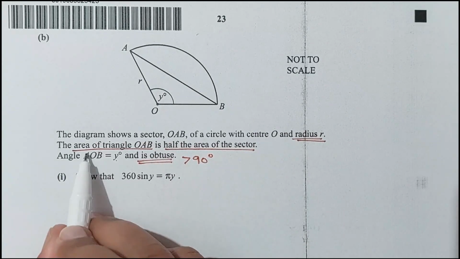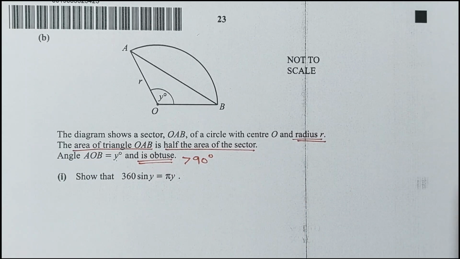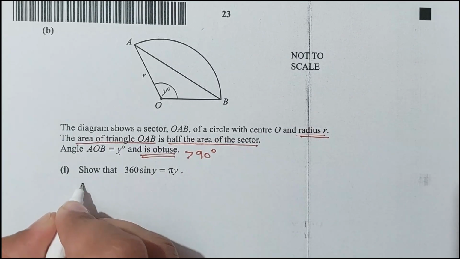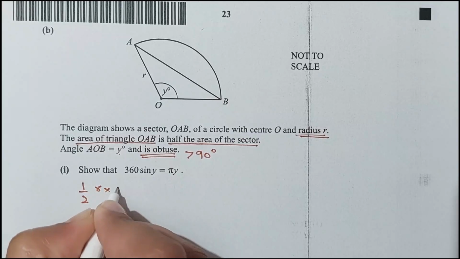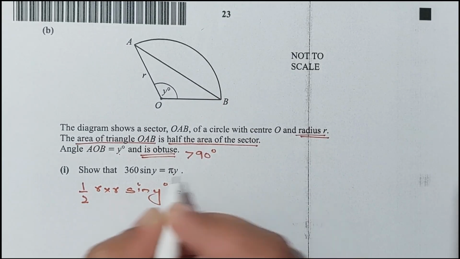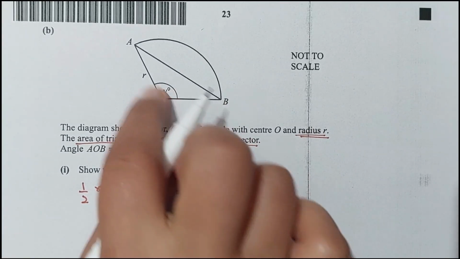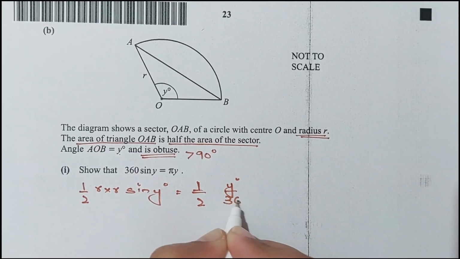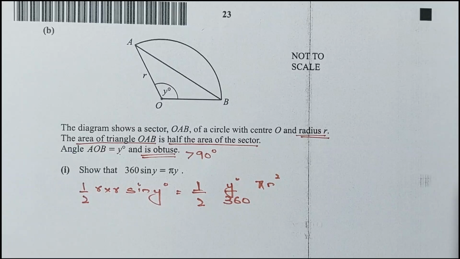All right, so use this line: the area of the triangle is equal to half of the area of the sector. Area of a triangle is half, these two sides are r times r, and sine of the angle between them, which is y degrees. This equals 1 by 2 of the area of a sector. Area of a sector is theta over 360 times pi r squared.